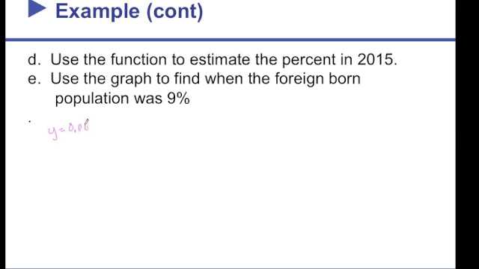Y equals 0.003 times, for 2015, x would be 115 for years after 1900, squared, minus 0.322 times 115 plus 16.657, which equals 19.302.